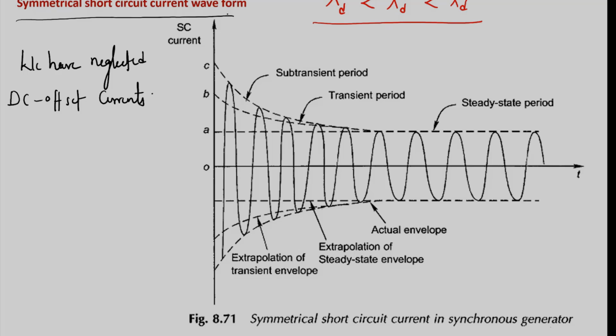Why? Because IA double dash equals induced EMF divided by XT double dash. Obviously, XT double dash is less, so IA double dash will be highest.